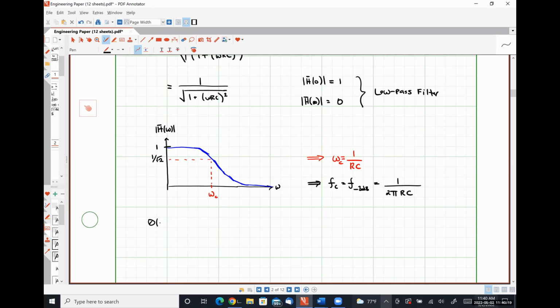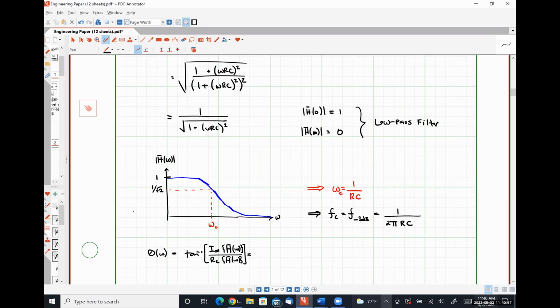So theta as a function of omega is given by the arctangent of the imaginary portion of our transfer function divided by the real portion of our transfer function.